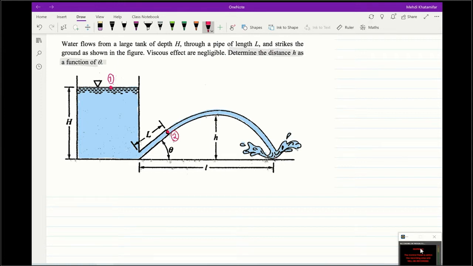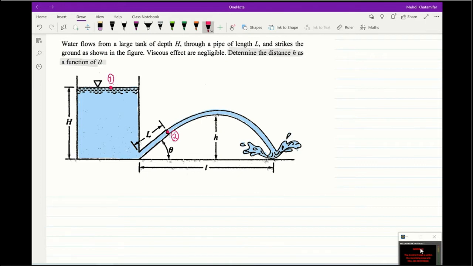Why? Because this is where the liquid is in contact with the atmosphere, so the pressure is 0. Velocity, I don't know. Elevation, I know. So the only unknown for point 2 is just velocity.